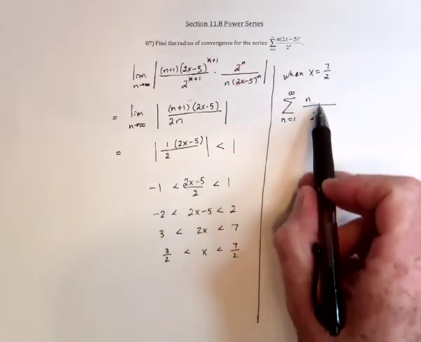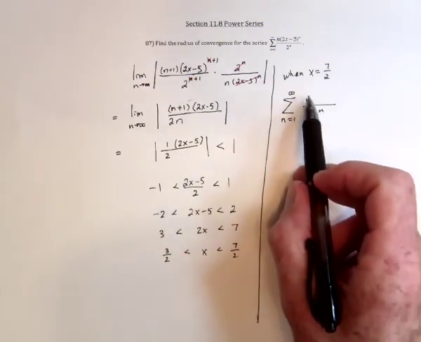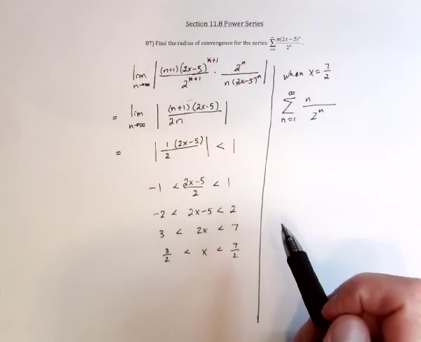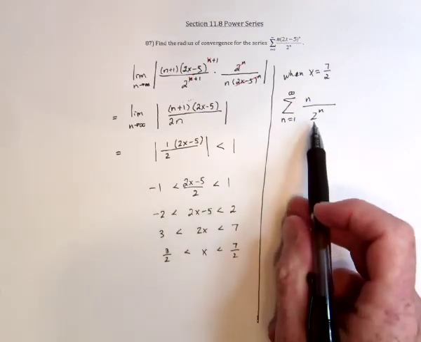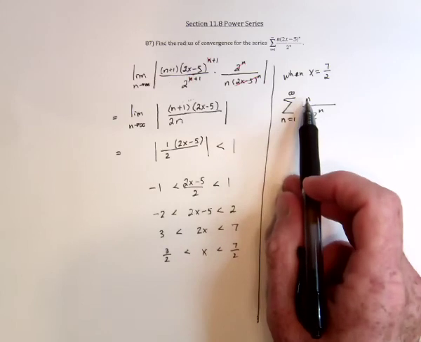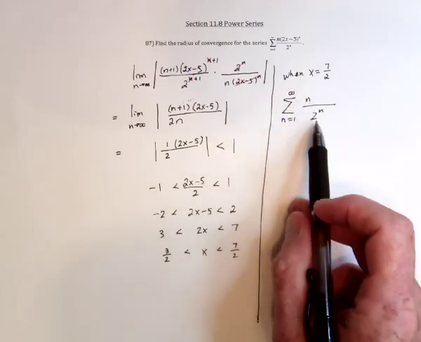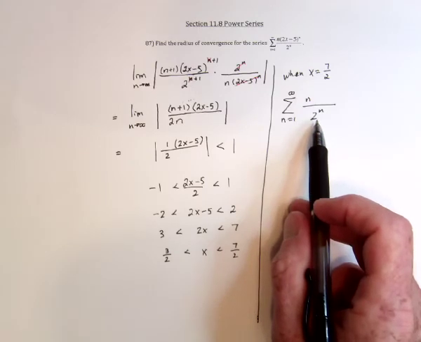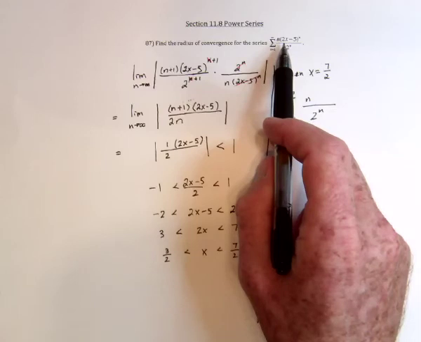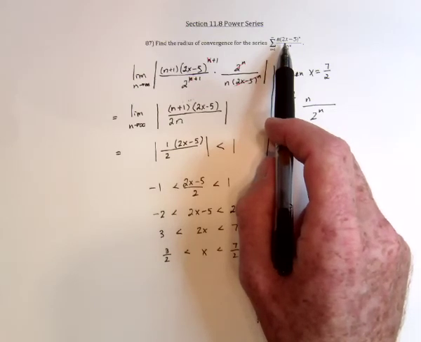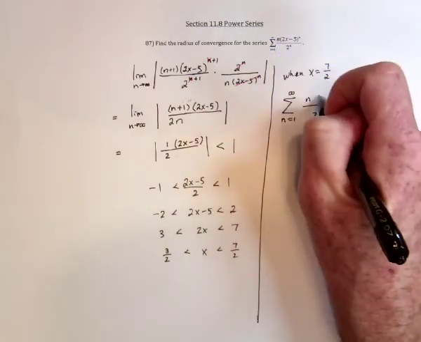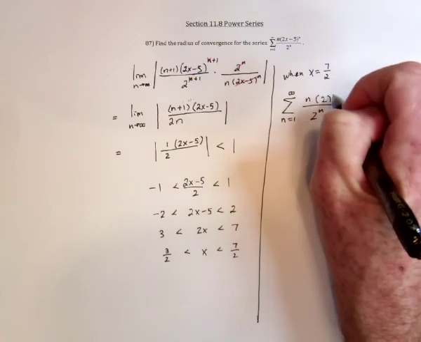Just looking at this part, before I do the substitution, I'm pretty sure it's going to converge, because this makes the denominator huge compared to that. So 2 to the n is much more powerful. It's going to dominate this whole problem, which means we've got very, very small fractions. All right, if we substitute x is 7/2 right here, the 2's will cancel. We've got 7 minus 5. 7 minus 5 is 2.